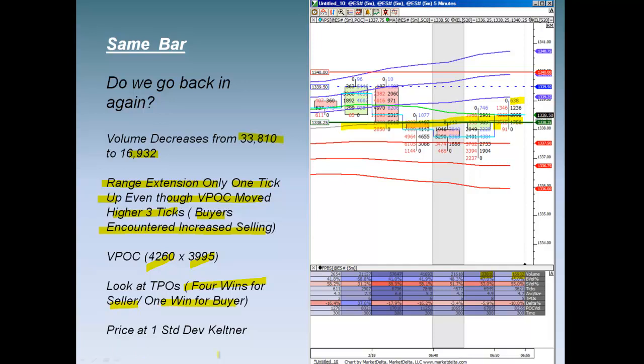So obviously the sellers are starting to show some clout here. Now what's interesting also is that prices are at the 1 standard deviation of the Keltner right here. So again, if we are in a non-trending market, this may in fact be a point where prices may turn around and start to move in the other direction.